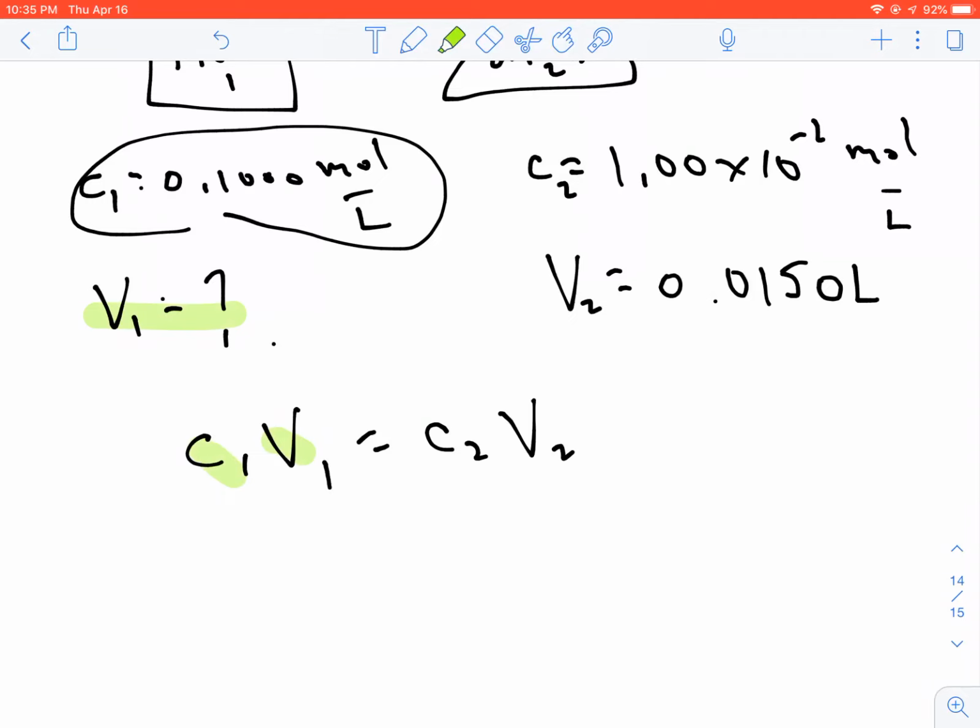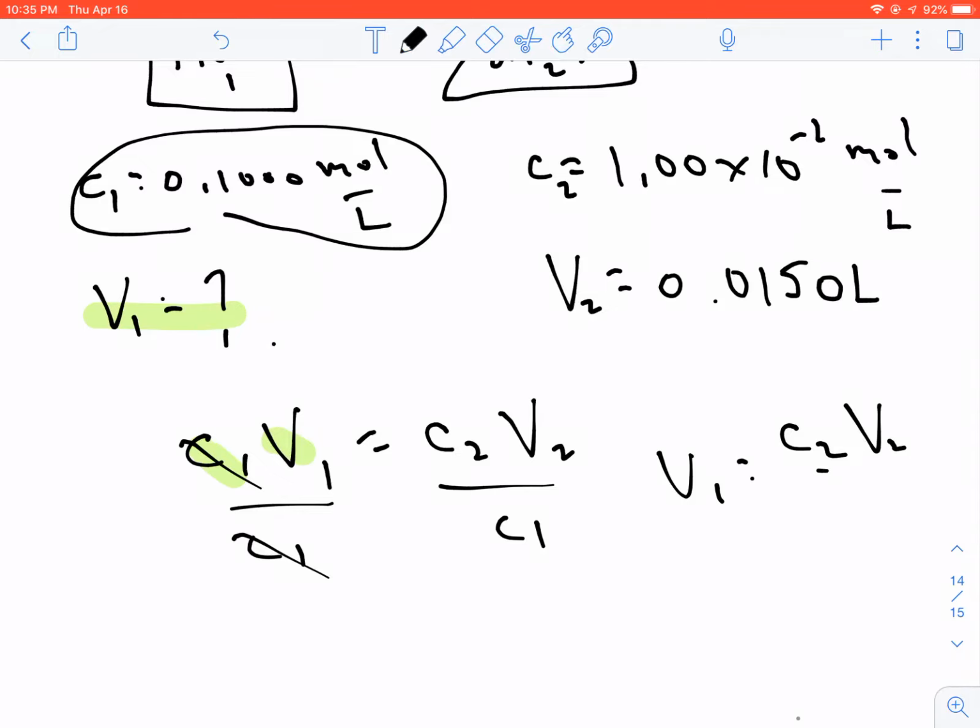So to get rid of that one, I'm going to divide both sides by C1, right? Divide both sides by C1, and these two C1s will disappear, and I'll be left with V1 equals C2 V2 over C1. And I know C2, it's up here. I know V2, it's up here. I know C1, it's right here, and my unknown is V1, which is this one here.